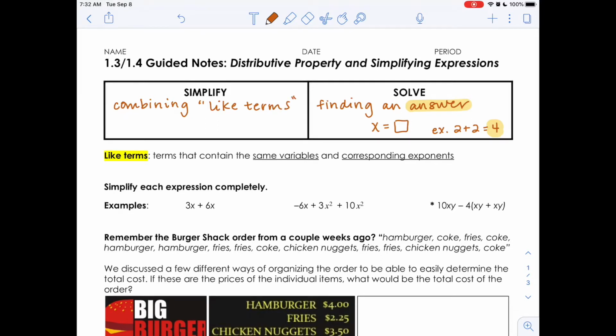And what like terms means, and I have the definition down here actually, like terms means that they're terms that contain the same variables and corresponding exponents. So another way of saying this simply is that they have the same base. I'm going to write this small under here. Same base, same exponent. I'll abbreviate.